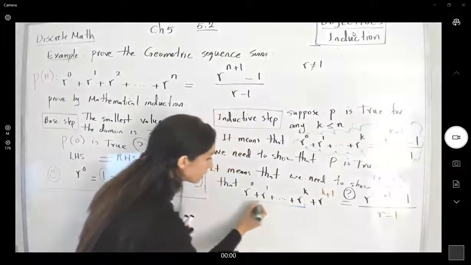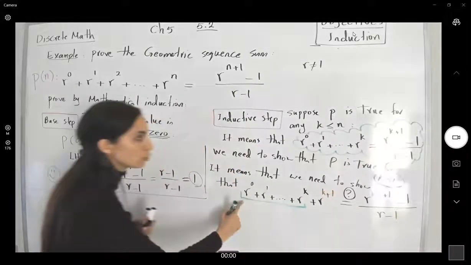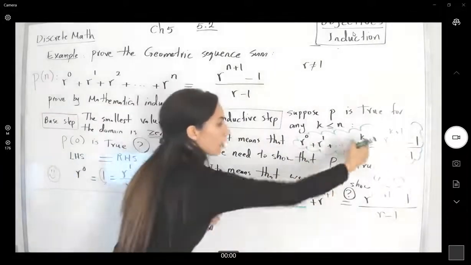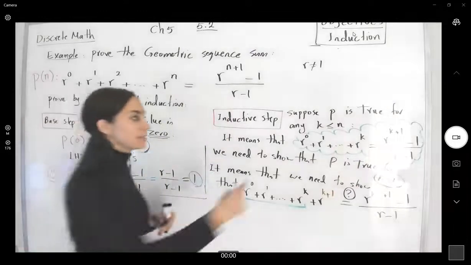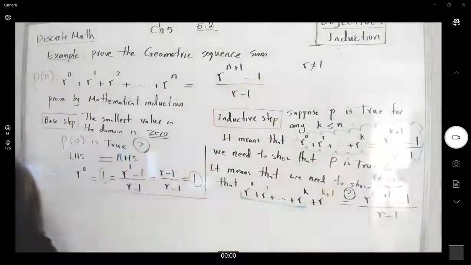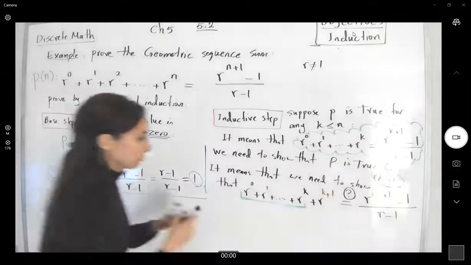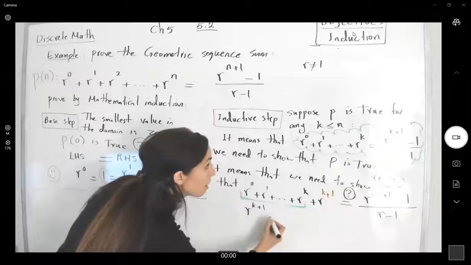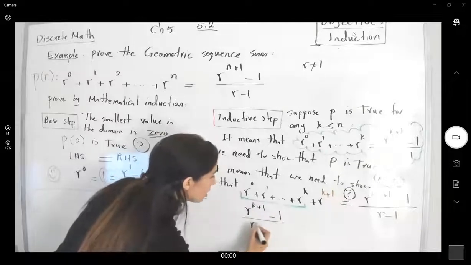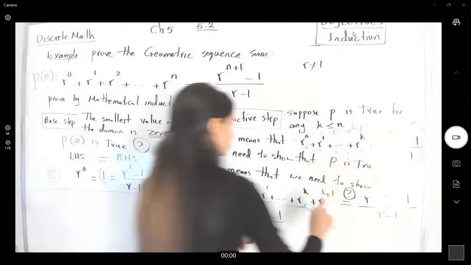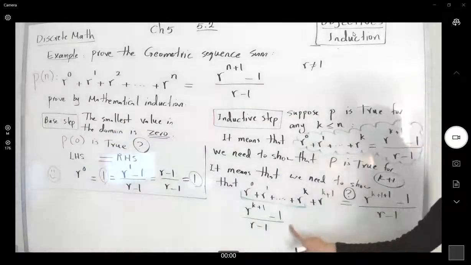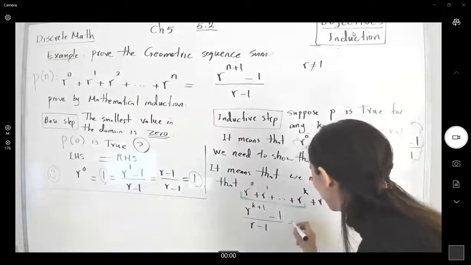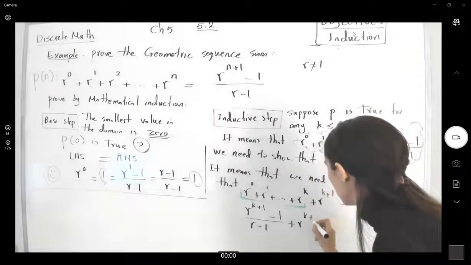So take a look at this sum here. This sum is r to power 0, r to power 1, r to power 2, up to r to power k, which we already know is equal to this fraction: r to power k plus 1 minus 1 divided by r minus 1. I'm going to write this term next to this and take the common denominator. Plus r to the power k plus 1.